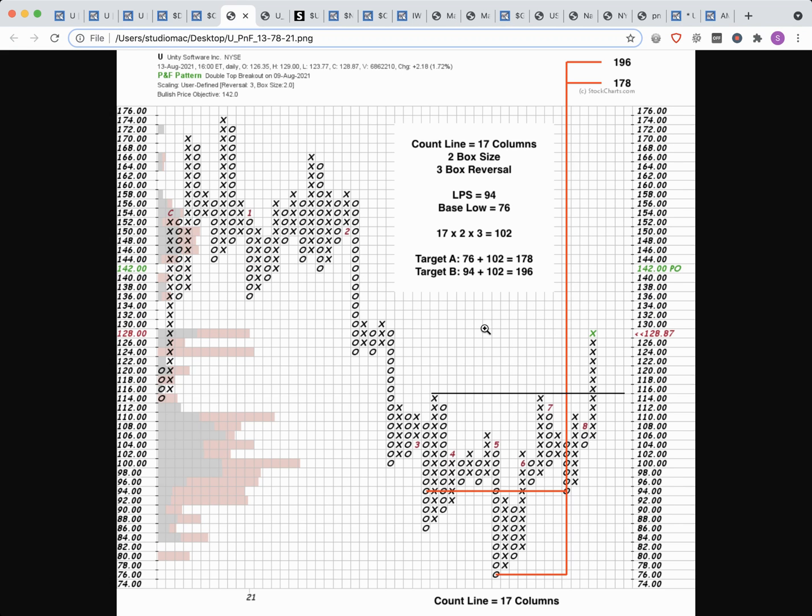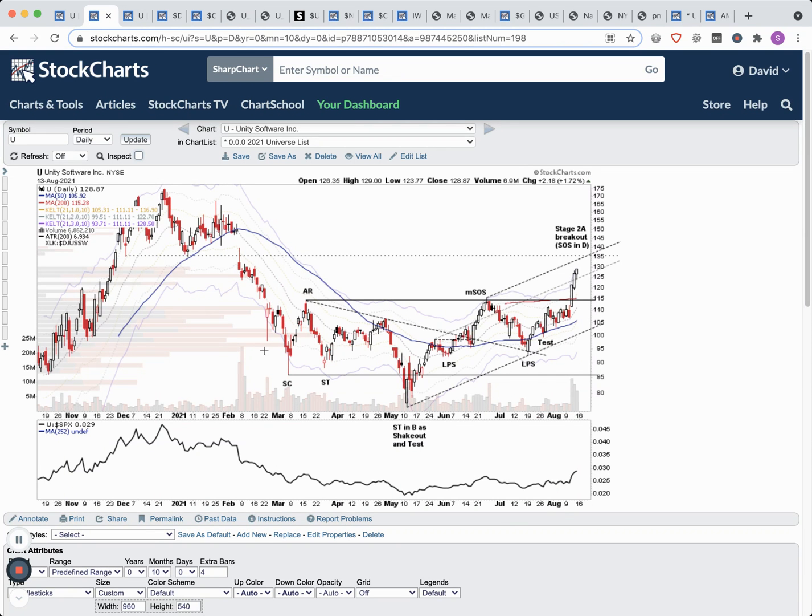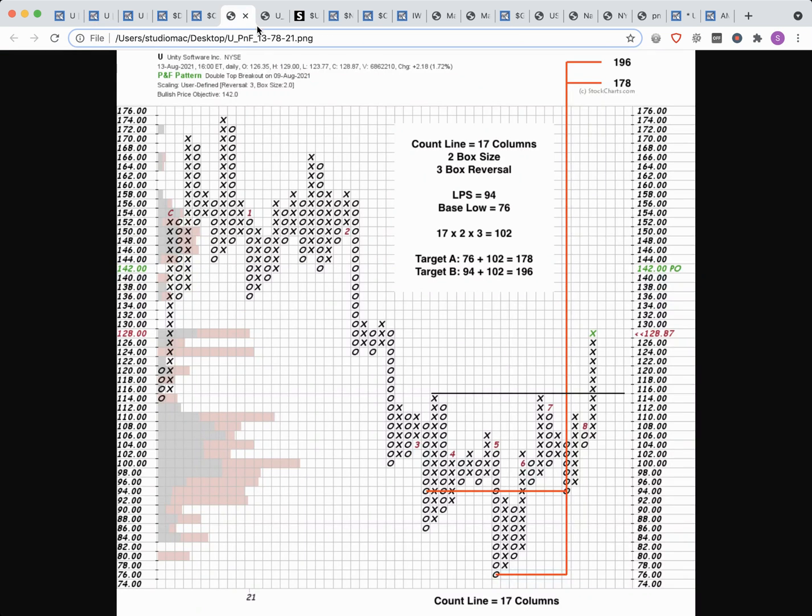So how it's calculated is you find the last point of support. We use our daily chart for this. So we've got our last point of support here, which happened in July, and then we go back to our selling climax, which happened at the start of March there. So if we look here, you can see 7 is July and March is 3.